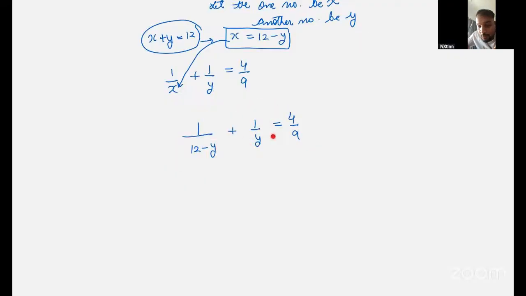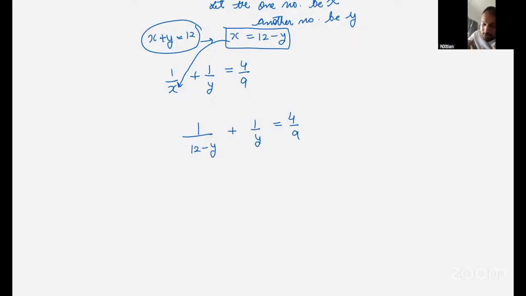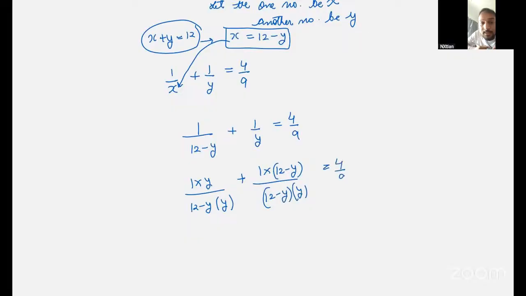It's going to be called the cross multiplication method, in which 1 will multiply by y and 12 minus y will multiply by y, plus 1 will multiply by 12 minus y and 12 minus y will multiply by y. Are you with me? Did you understand how I make the denominator same?